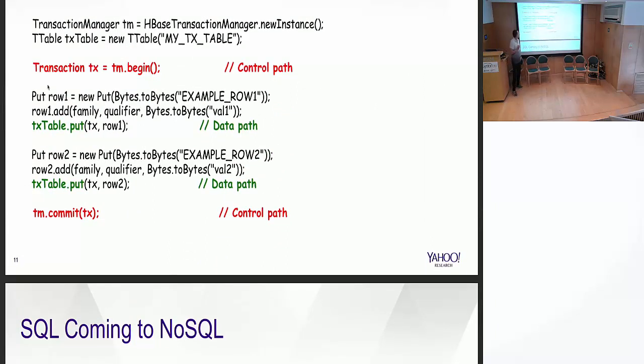So in order to convince you that the API is really simple, this is an example of a sample HBase program, and the parts that are in red are actually what we pad with the Omid code.